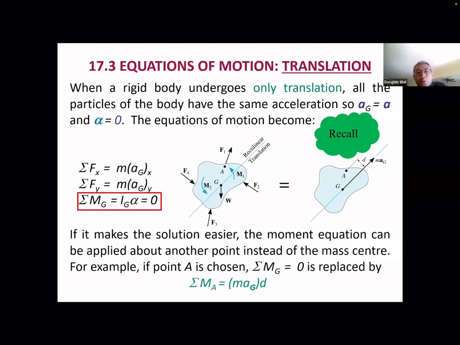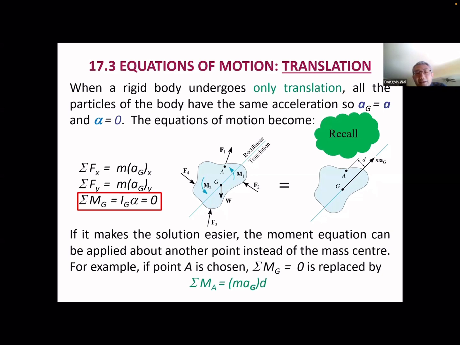Last week, we used these equations for the translation problem. For the translation problem, one specific case is if you select point G for your calculation, you will see this item, the summation of the moment about this mass center should be 0. Why?